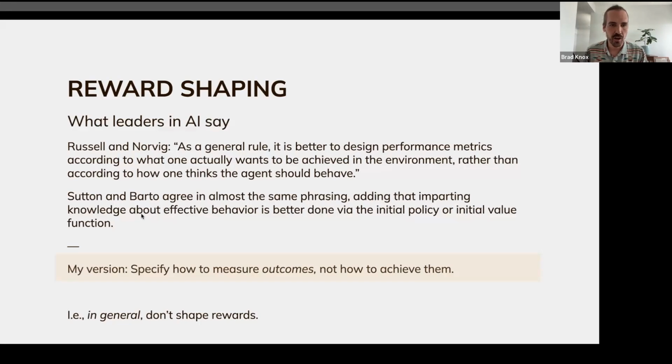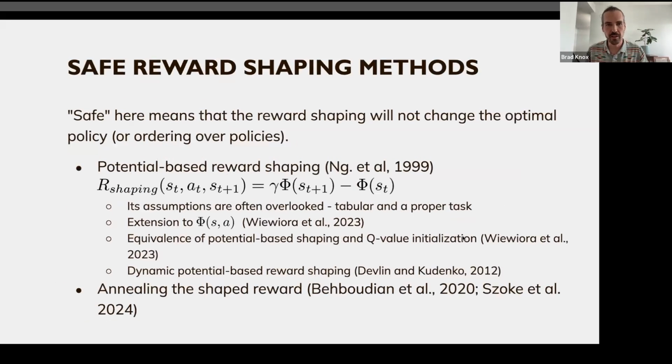So this connects to the alignment definition. And then in the standard RL text, Sutton and Barto agree in almost the same phrasing, adding that imparting knowledge about effective behavior is done better via the initial policy or initial value function, or influences on them. I left that out on the slide. So a simplified version of what they're saying is specify how to measure outcomes, not how to achieve them. And you could interpret that as saying not to shape rewards. I'm not going that far to say you shouldn't shape it.